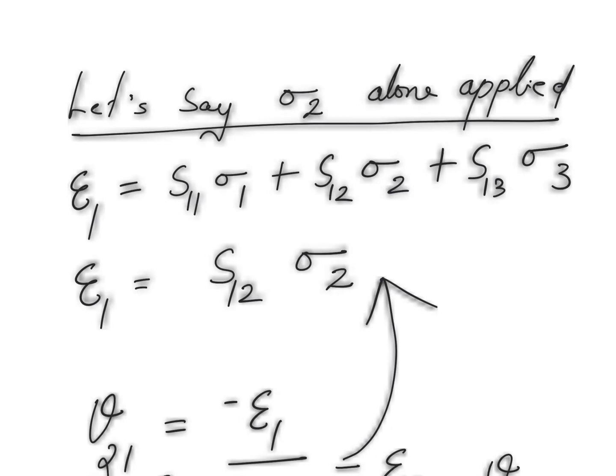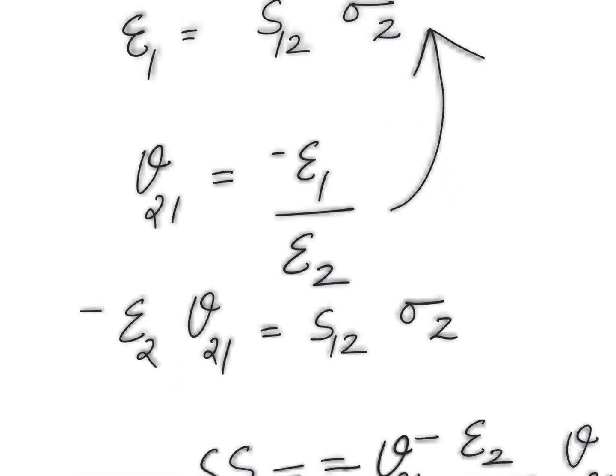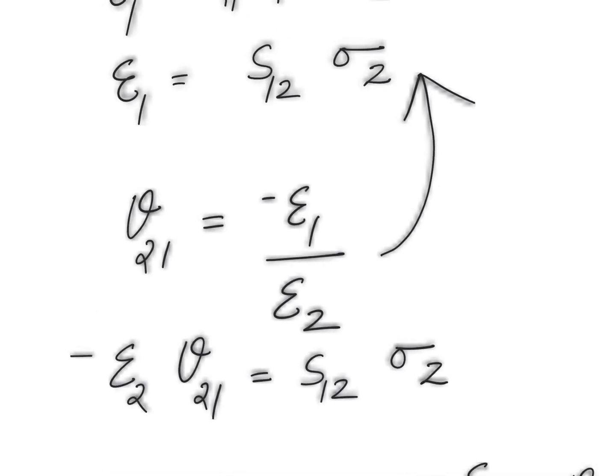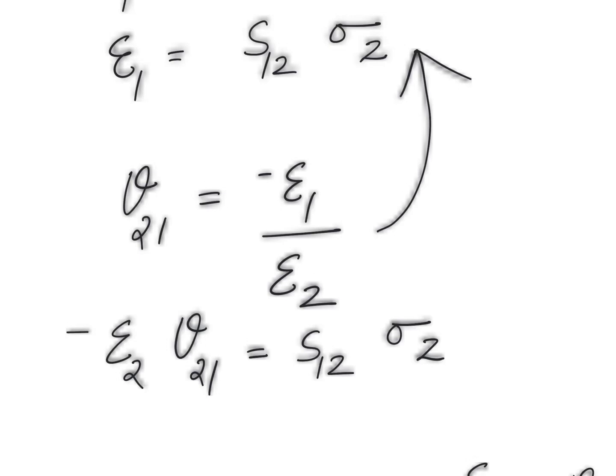Keeping this in mind, let's think of another thought experiment. Let's say sigma 2 alone is applied. Then the normal strain in direction 1 can be written like this, pretty obvious from the above matrix. Since the other 2 stress components are 0, you end up with an expression like this. Then using the definition for mu21, it's a bit clumsy over here, but no issue, mu21 can be defined like this. Now, this equation is valid because I am applying only sigma 2.